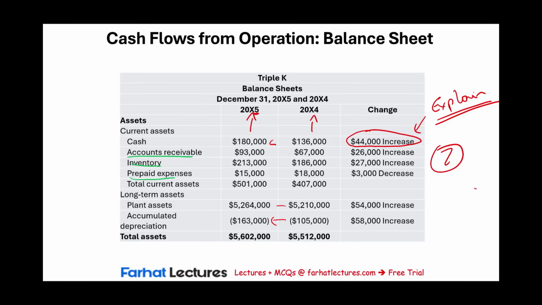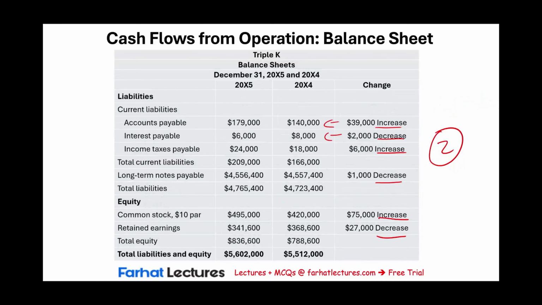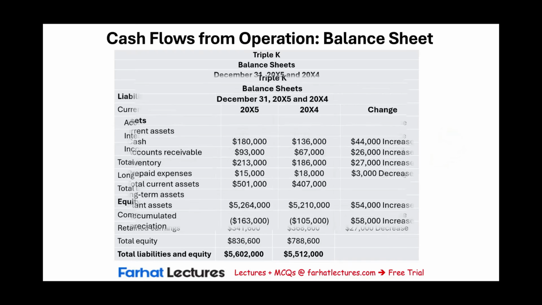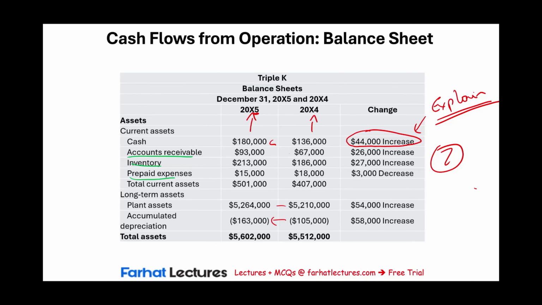And my current liabilities are, I buy stuff on account, I might accrue some interest, I might accrue taxes. Those are accounts involved in my daily operation. Now, how do I analyze them? I'm going to take a look at each account separately and compute the change.